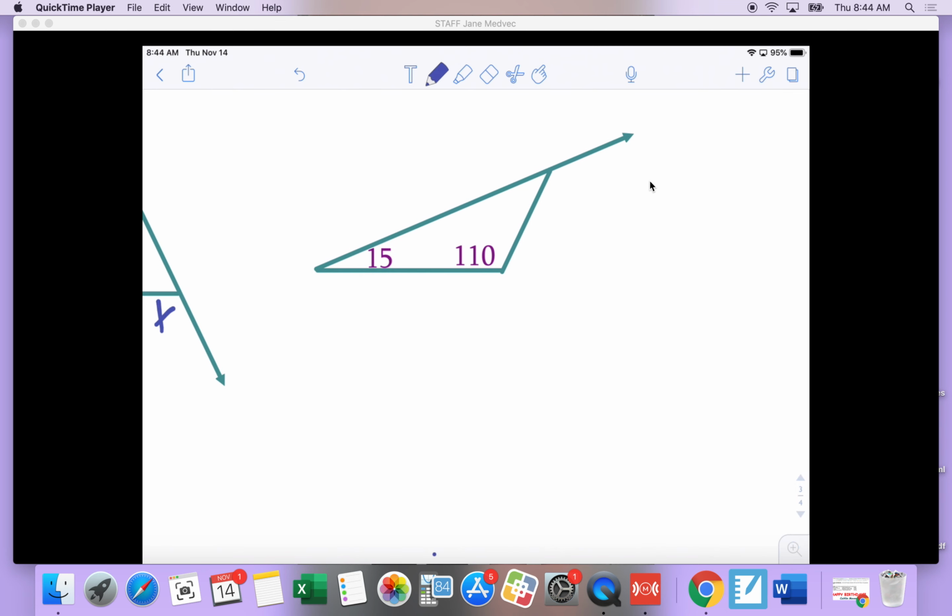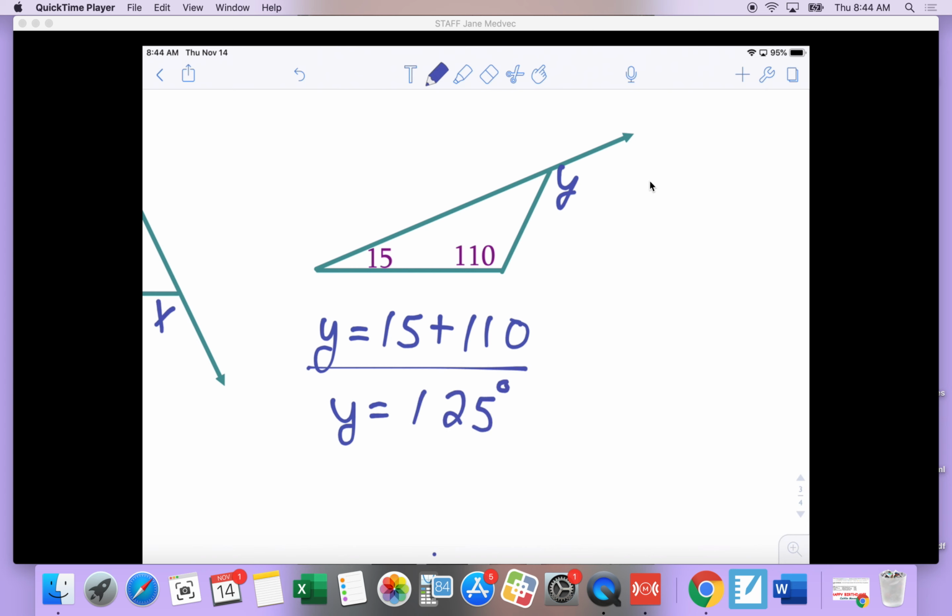Let's call this y. So y equals 15 plus 110. So y gives me 125 degrees. And that's it. It's that simple. It's not like big. Questions?